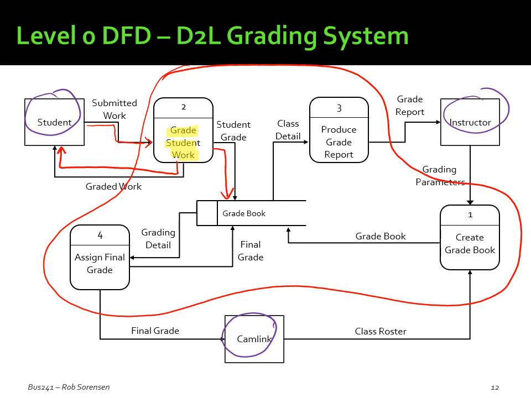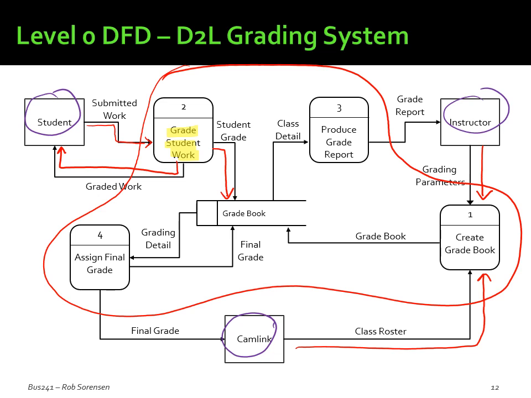What happens there? Well, we take data from the class roster. We take the parameters from the instructor, and that would be things like, okay, for this course, there's 2 midterms and a final and 10 quizzes. The midterms are worth 25% each, the quizzes are worth 10, the final's worth 40, something like that.